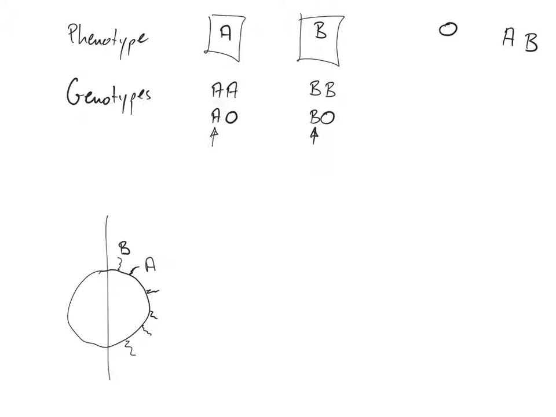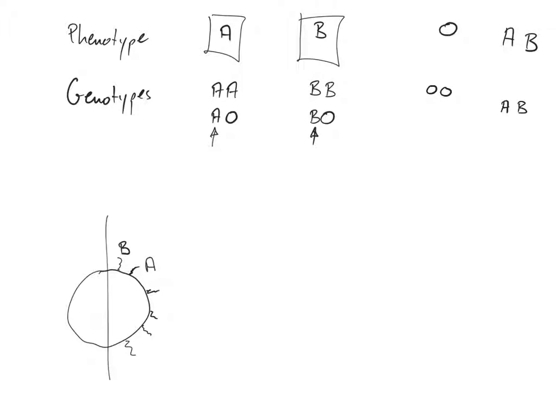But because this allele is dominant to O, we still have the blood group A or B. The only time that we get blood group O is when we have homozygotes for the O allele. And then in the case of the blood group AB, we have both an A and a B allele. So we have one copy of the A allele, one copy of the B allele.